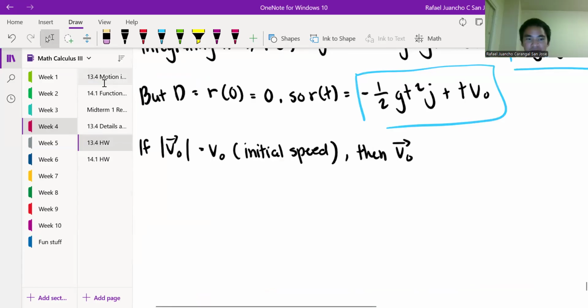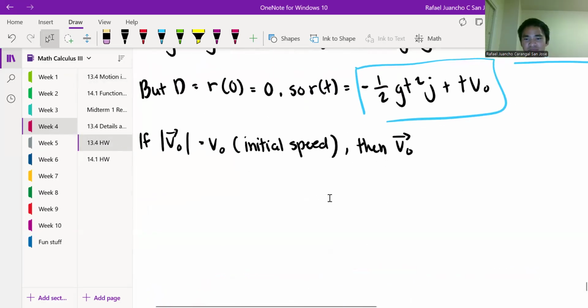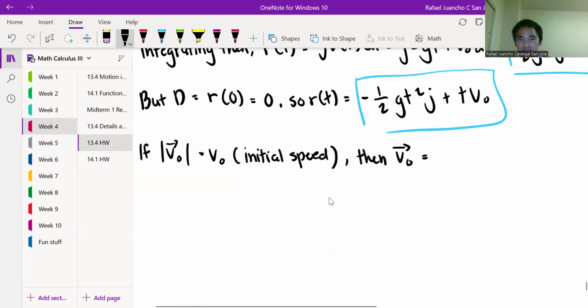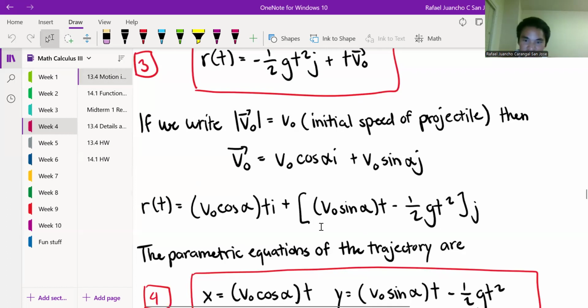So it would just be V naught cosine alpha, pretty much, right? V naught cosine alpha I plus my V naught sine alpha J. It's just a physics thing.